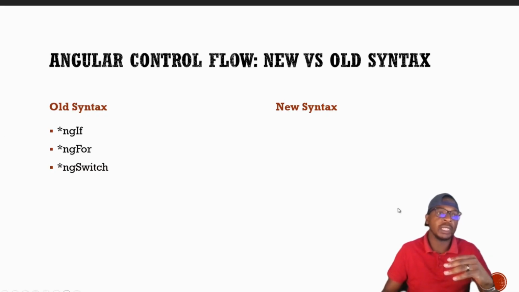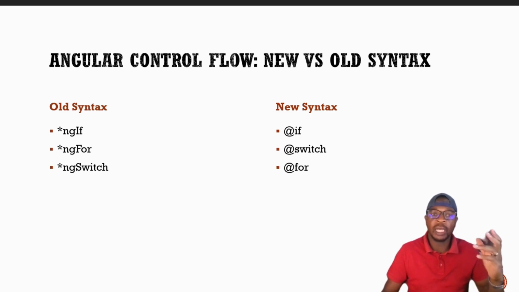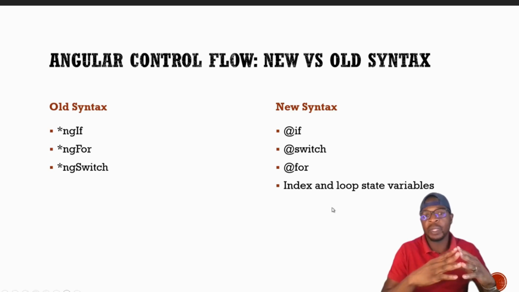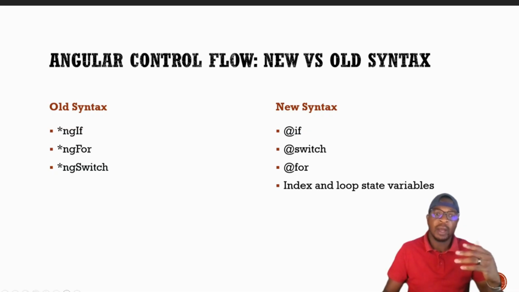This includes the @if for conditional rendering, the @switch for handling multiple conditions, the @for for looping through a collection of data, and also we'll look at index and looping state variables, such as $index, $first, $last, $even, and $odd.